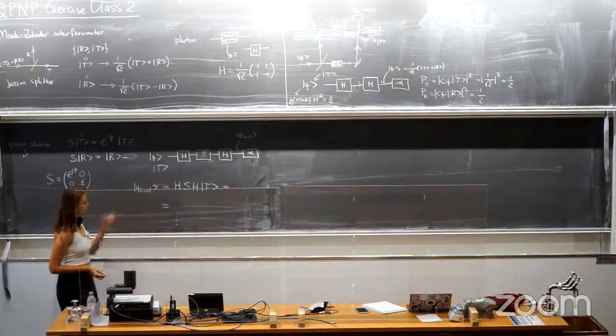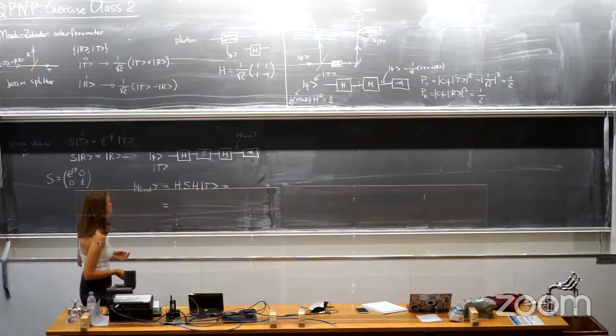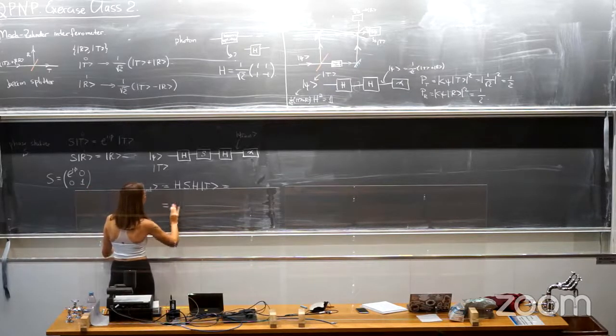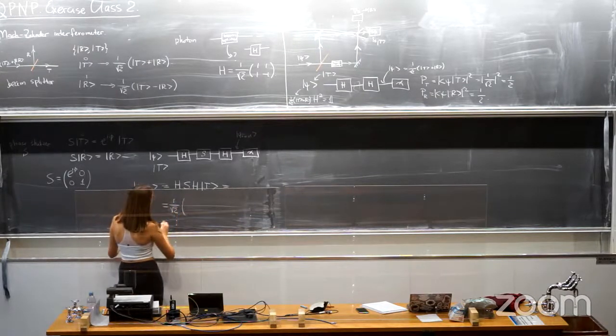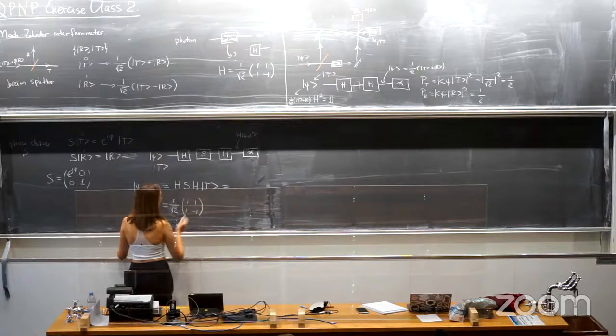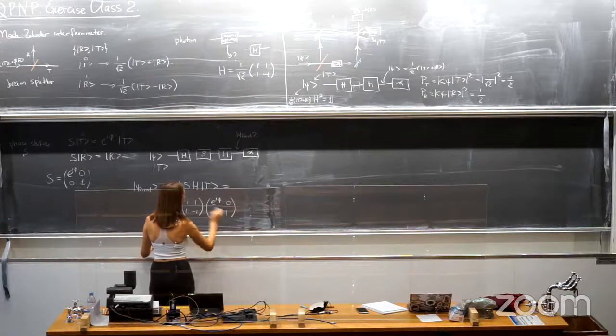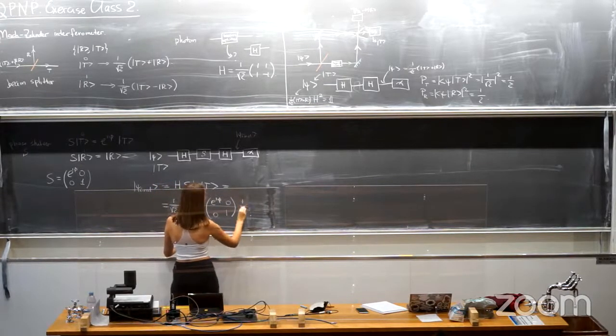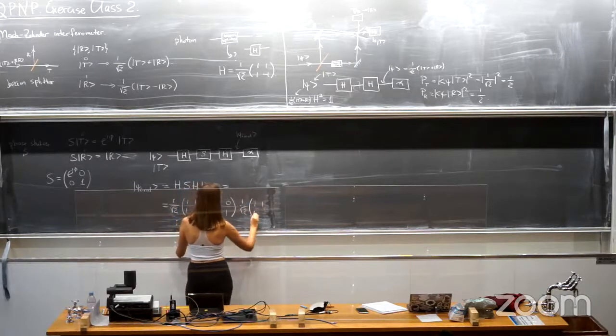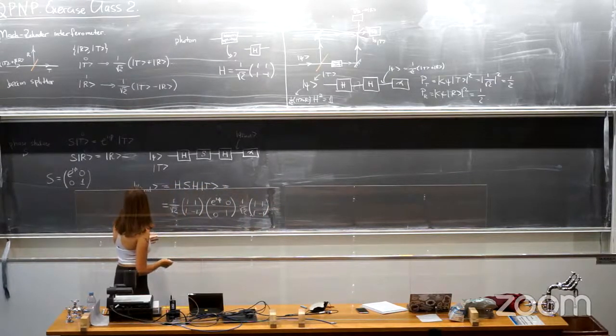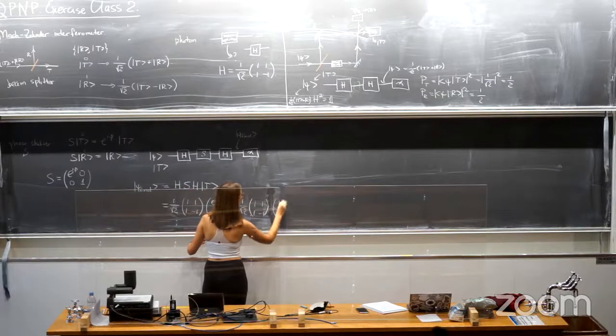So how do we do this? Let me show this in matrix form, because we can always do things in matrix form. You can also do it in bracket form, but let me start with a matrix, since I don't think I have done this explicitly. First it's the Hadamard, then we have the phase shift, then we have another Hadamard, and then we apply it to the system in a state T, which is just 1, 0.